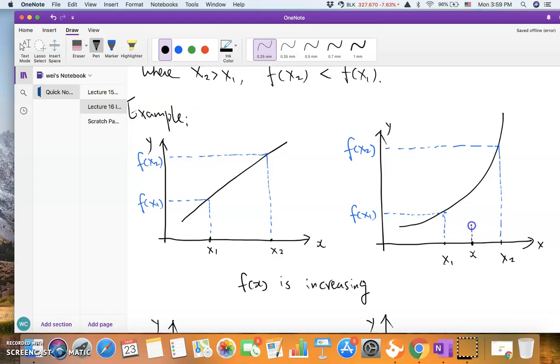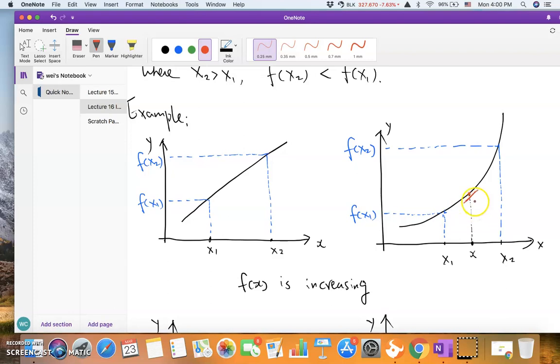Now, to see what is the derivative at this x, we need to think about what is the slope of the tangent line at this point. Okay. Now the tangent line looks like this, right?